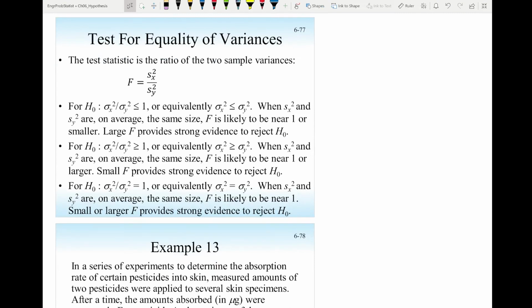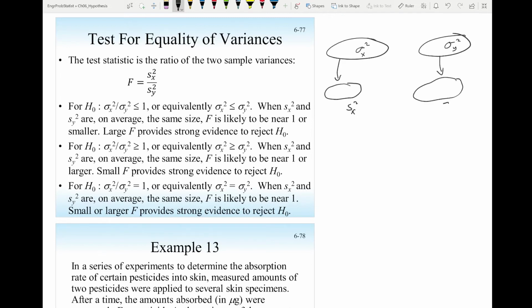Okay, let's summarize what we have been saying. I have two populations, and I want to compare the variance of population X and the variance of population Y. Then I will take a sample here and calculate the variance of the sample, and a sample from this population and calculate the variance of this sample.